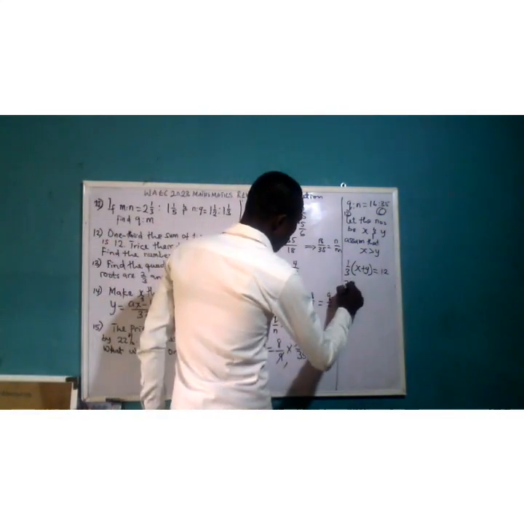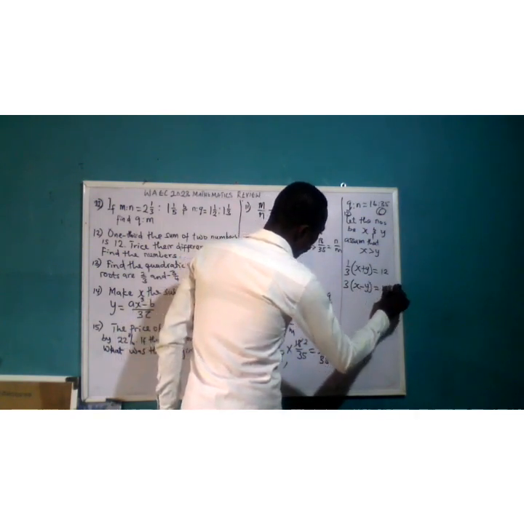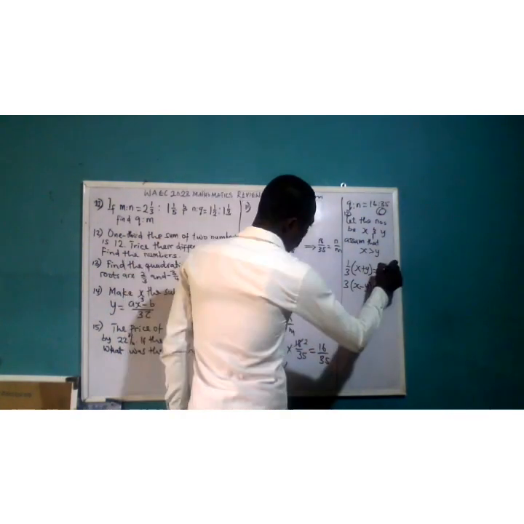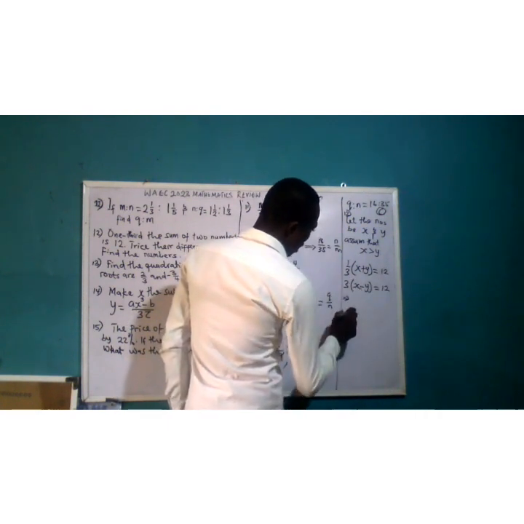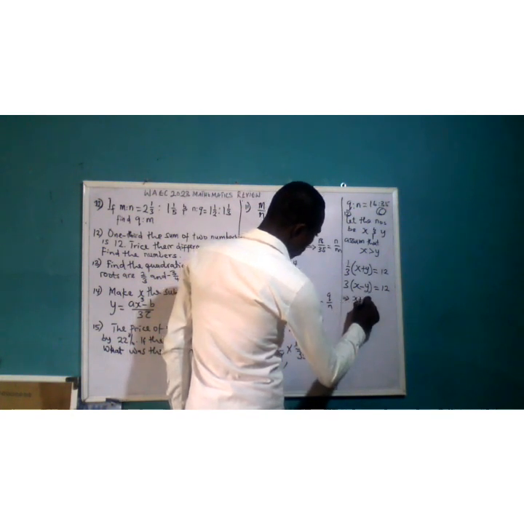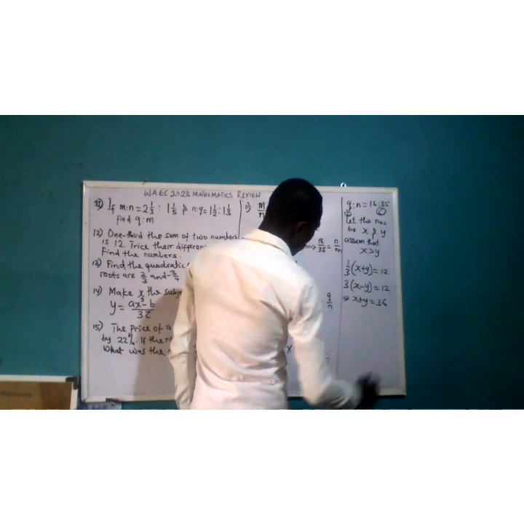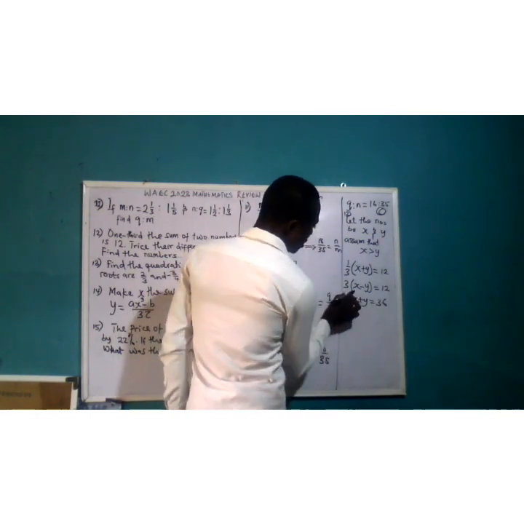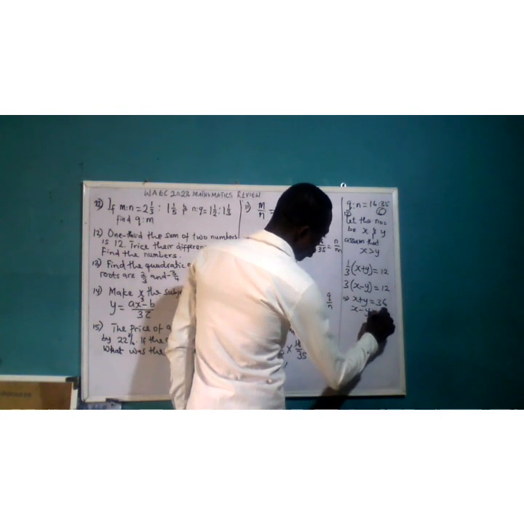Thrice means 3 times their difference is equal to 12. If you multiply the first equation by 3, it implies x plus y is equal to 36. Now you divide the second equation by 3, that will give you x minus y equal to 4.